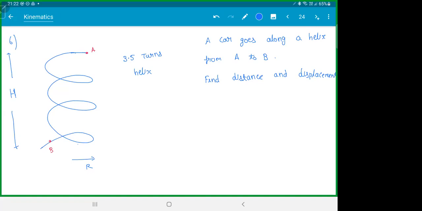Distance, okay. 3.5. Nah, Lakshika, you goofed up that. That is wrong, Lakshika. Do check it out. Hriday, you divided the whole thing by 3.5? You might be right. Let's see.